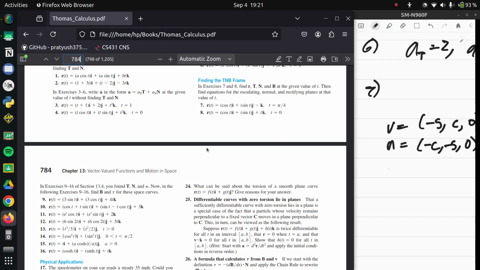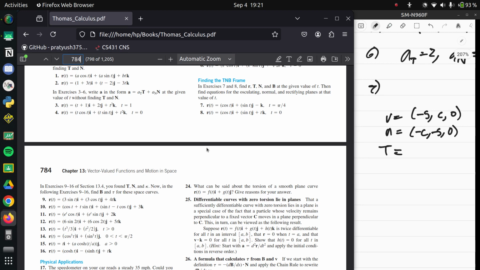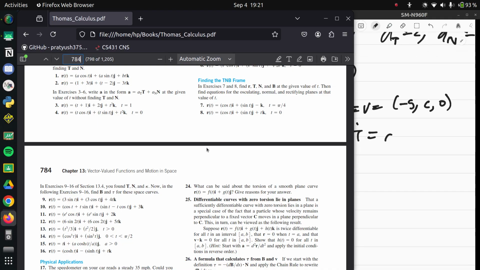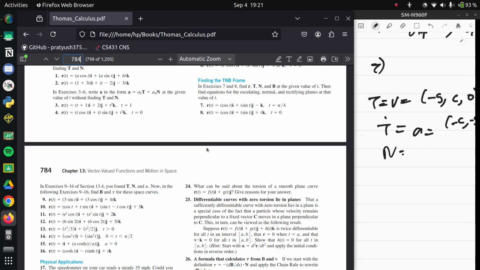What we want is your T basically. We don't really care about the acceleration at this point. Your T is the same thing as your v, so T dot is the same thing as the acceleration, negative cosine, negative sine, 0. So your normal is the same thing as this, in fact, because it's a unit vector.